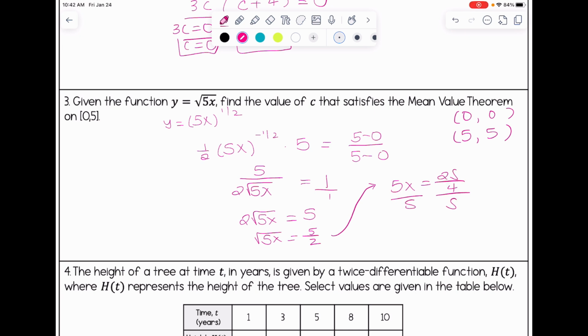All right, so I squared both sides to get rid of the radical. Then I'm dividing by 5. So I have x equals 25 over 4 divided by 5. And if I simplify that, that is going to give me 5 over 4 as our value of c.